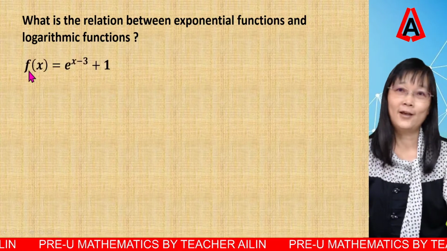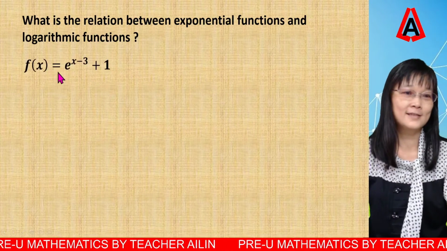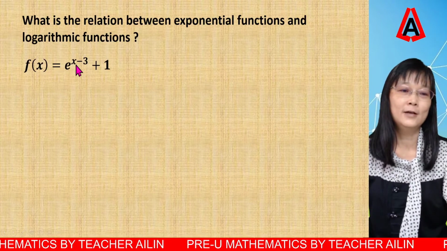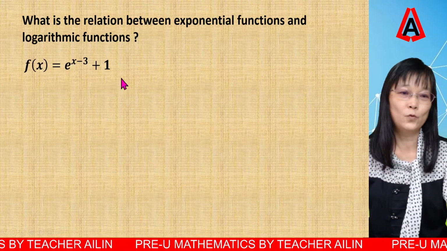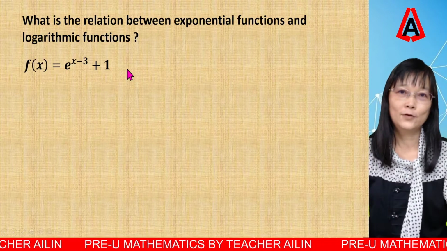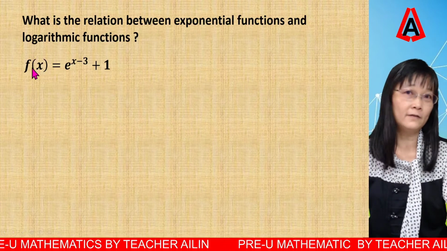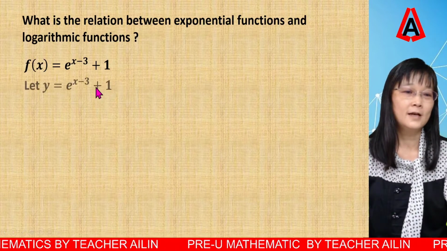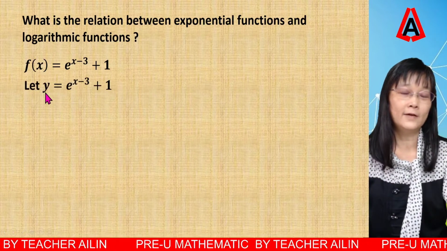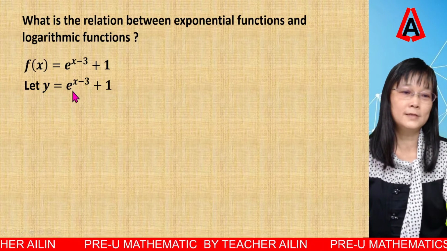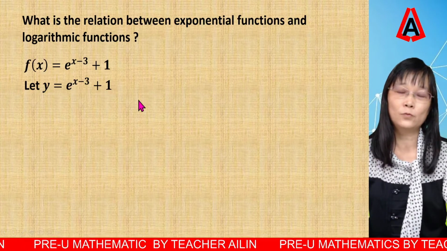So here I have a function f of x equals e to the power of x minus 3, plus 1. Now, I'm going to find the inverse function of this function f of x. First, I let the variable y equal e power x minus 3 plus 1.